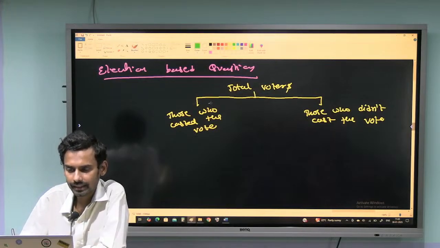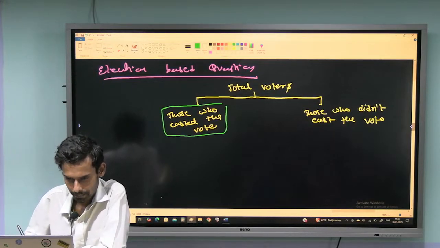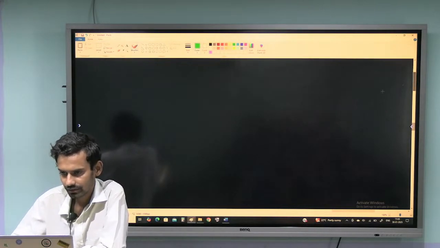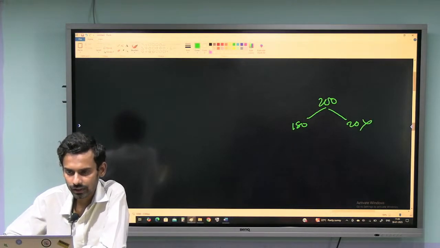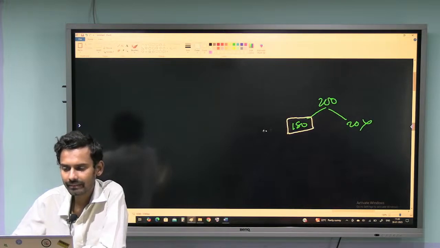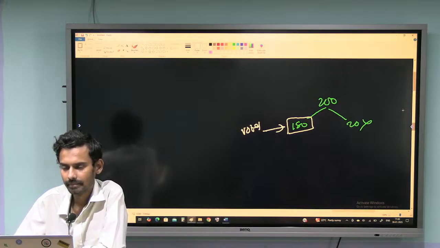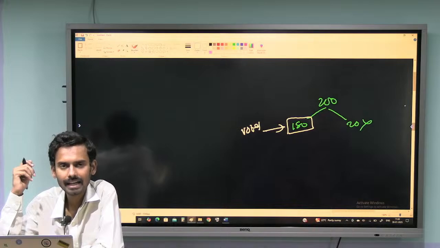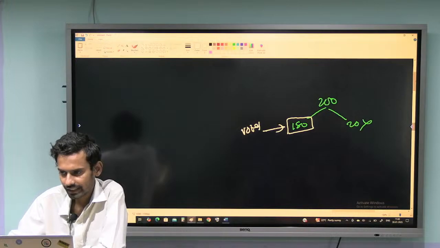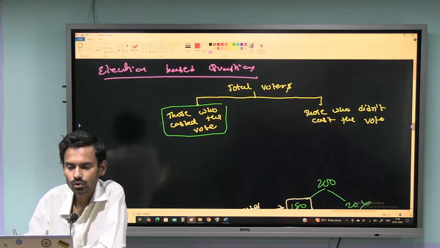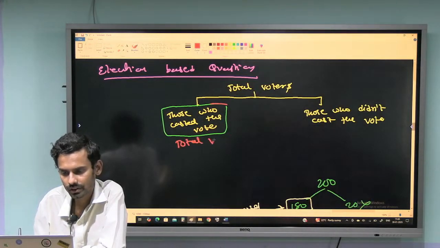Suppose there are 200 people in the constituency and only 180 voted and 20 didn't vote. Since 180 have voted, I will have 180 votes. So indirectly, the number of people who cast the vote is nothing but the number of total votes.